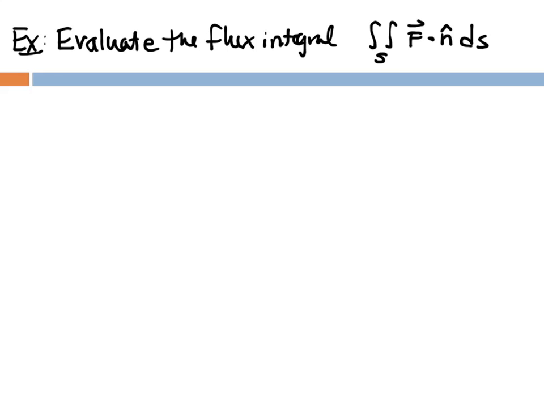And I keep switching back and forth between n having a hat and n having a vector. I guess it doesn't really matter, but the hat means vector, just a specific type since it's a unit vector. So, all right, here's our example number 4.